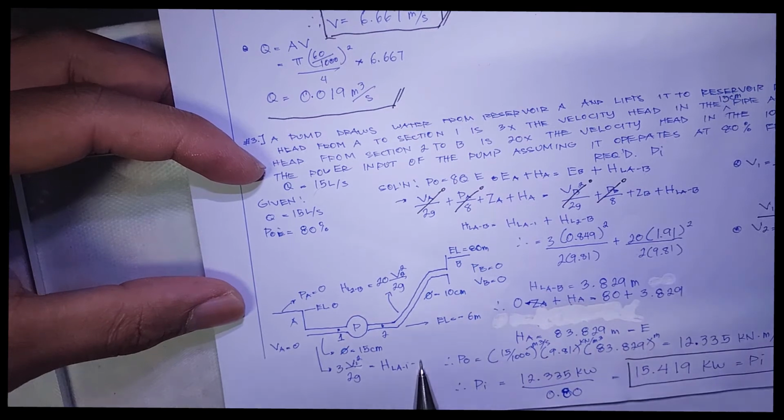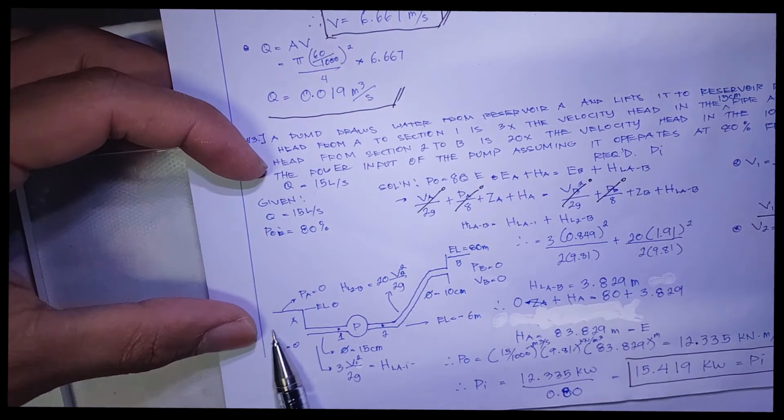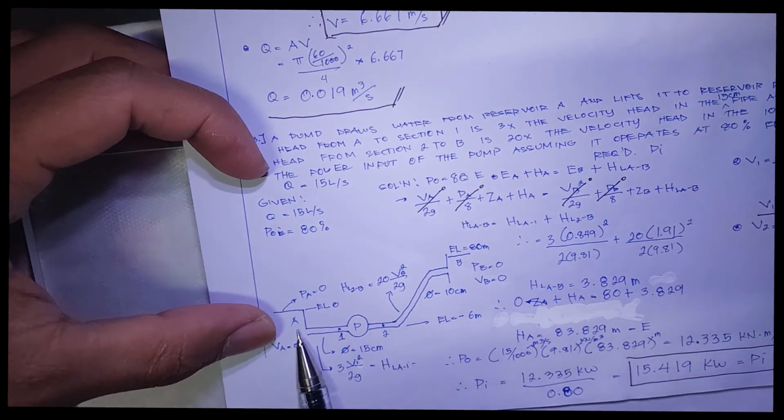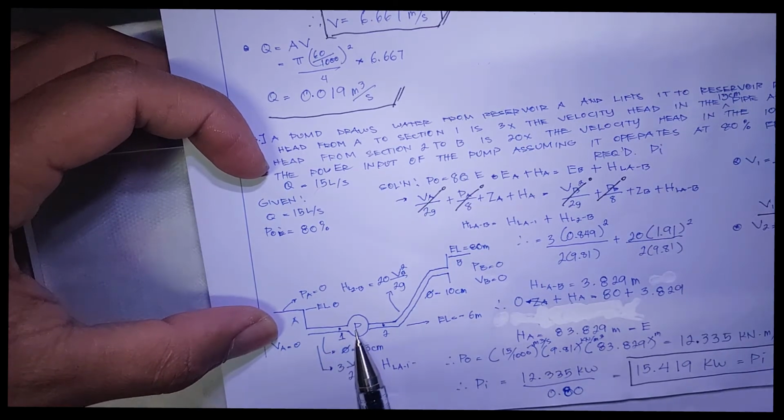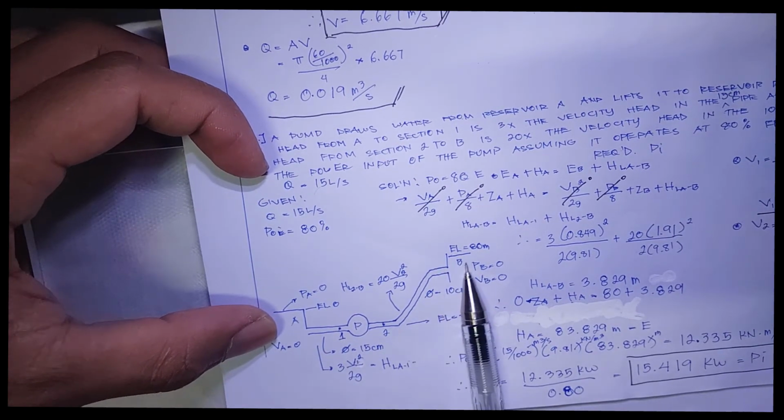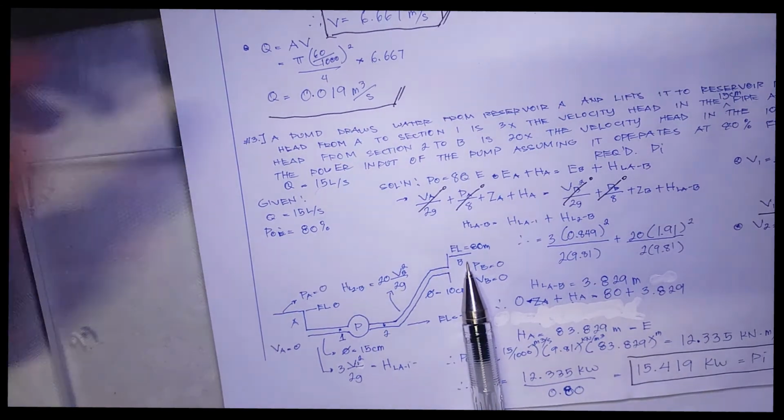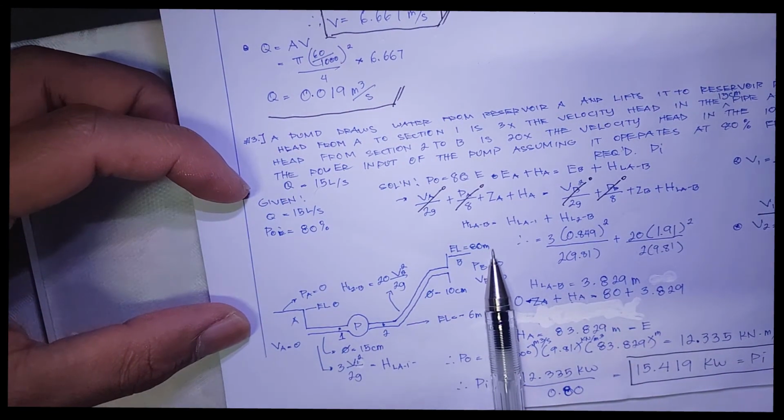So the water goes from A all the way to the pump, and then from the pump all the way to reservoir B, which has an elevation of 80 meters.